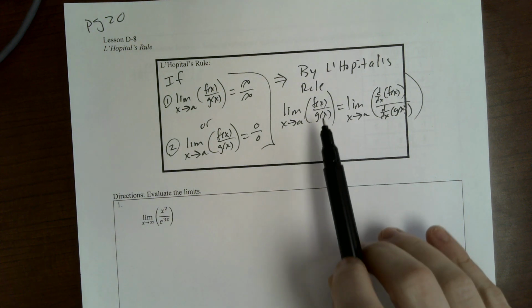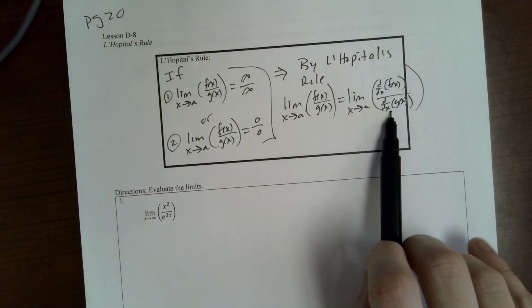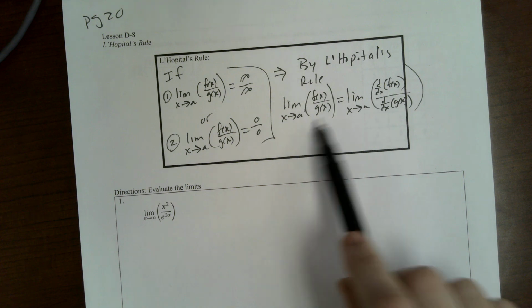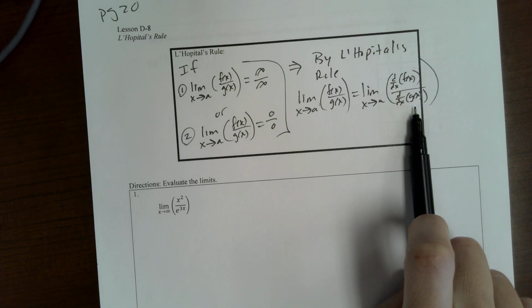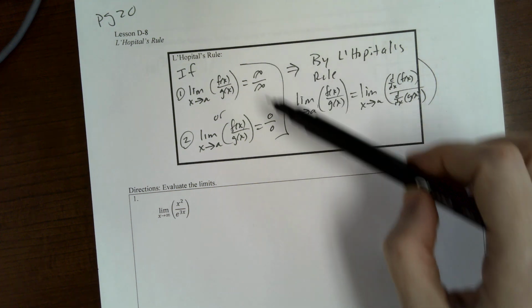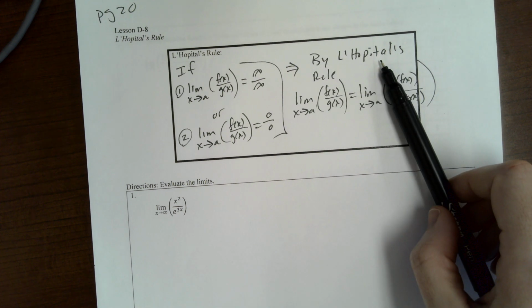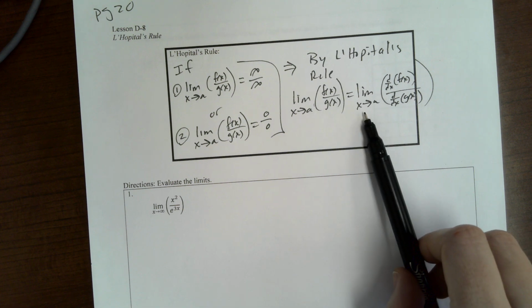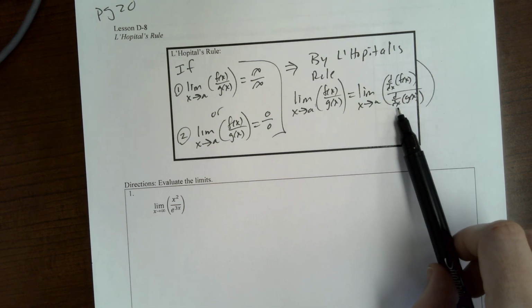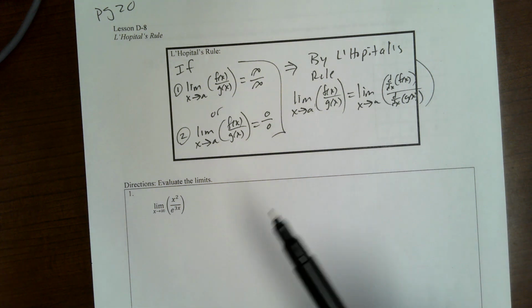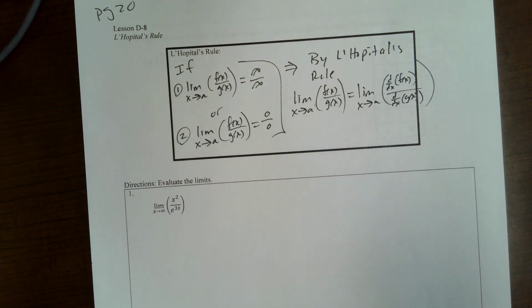So we'll try direct substitution, and if we get one of these forms, we can say therefore by L'Hopital's rule, and then open up another limit, but instead of the top, we take its derivative, and instead of the bottom, we take its derivative, and it will be the same as the original. Then we try to plug a in again and see if we get an actual number, or we can definitively say does not exist.